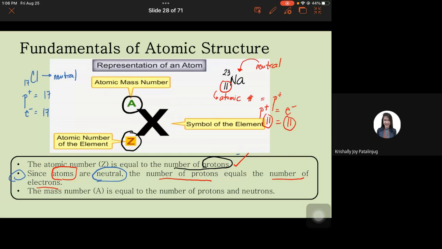Now, if ever you encounter a charged atom, let me write it. If charged atom, or the term we refer to a charged atom, those are also ions. And we have two types of ions, the cations, and then we also have the anions.